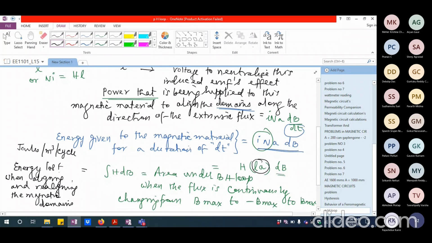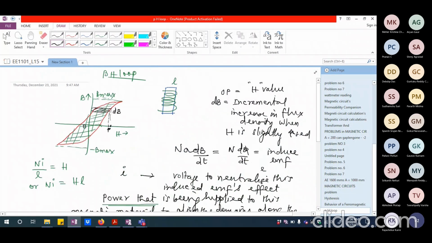If I am going to subject this material to an alternating current, if I am passing alternating current through this, this will happen 50 times in 1 second if I am using a 50 hertz supply.